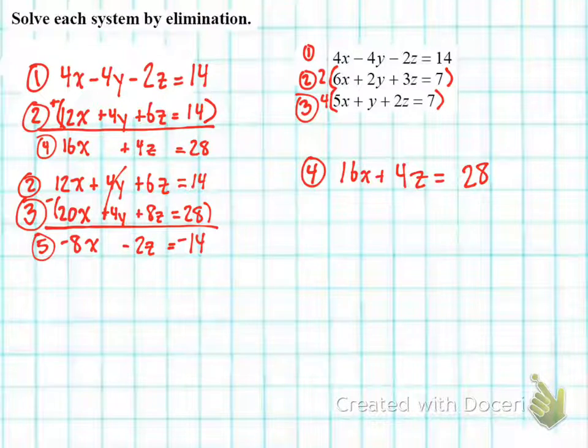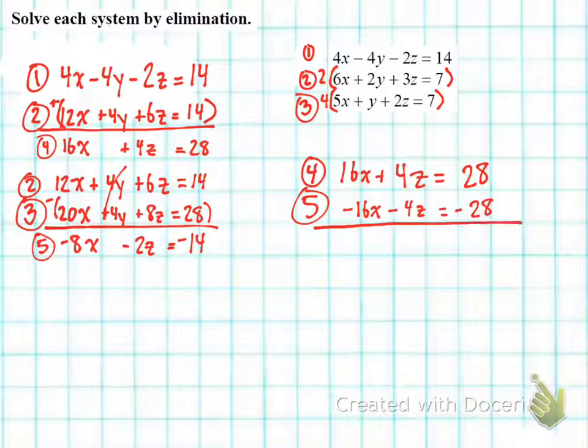Okay, equation 5, I'm going to multiply by 2, so I'm going to have negative 16x minus 4z is equal to negative 28. Now, what are you noticing about these two equations before I do anything? Yeah, they almost look the same, but they're opposites, right? Do y'all see that? So which variable do you want to eliminate, x's or z's?